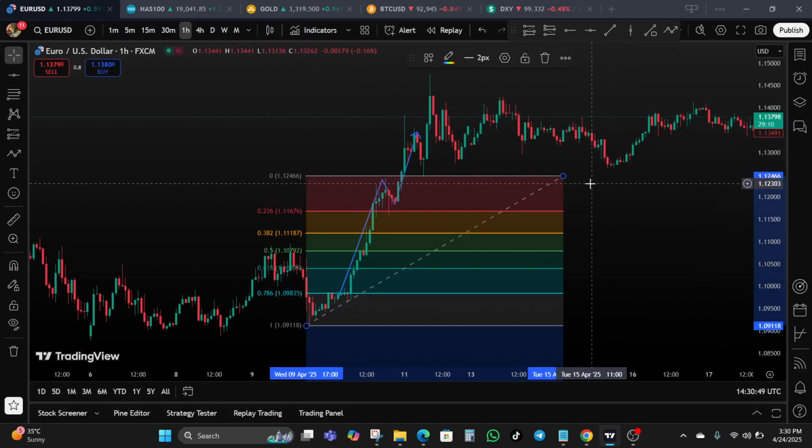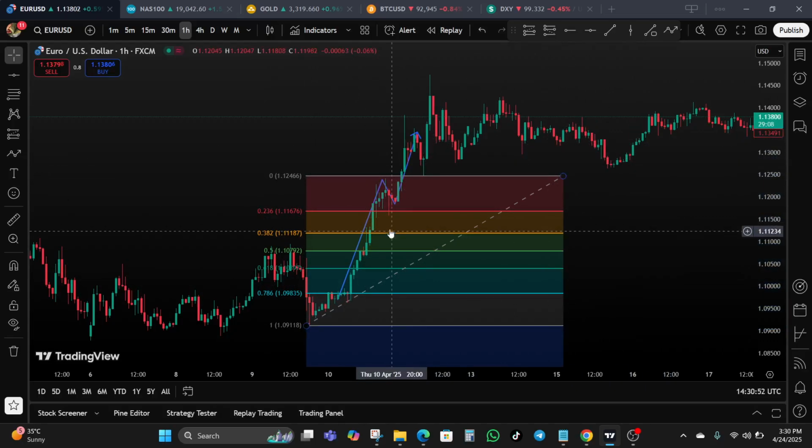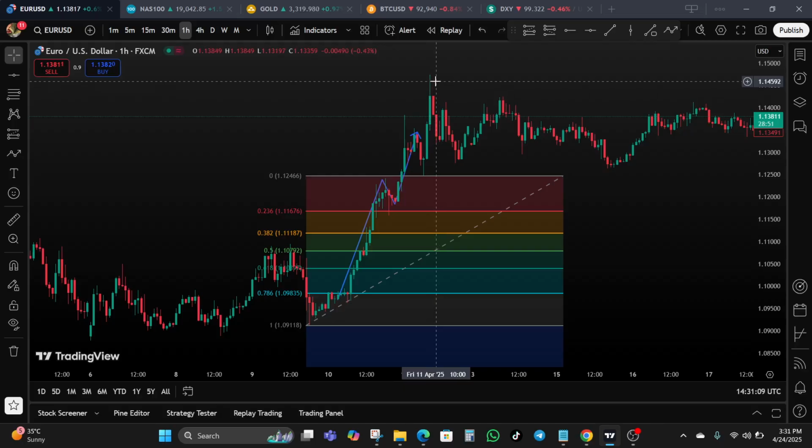These levels act like magnets for price before trend continuation. You can see in this particular example, the price retraced to the 23.6% before continuing in the direction of the trend. So these levels act like magnets.